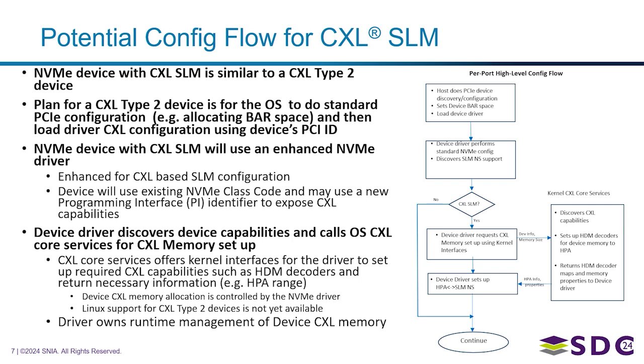What that means is we're not asking you to do a dual function device. You don't have a device that is a CXL function and an NVMe function. You have an NVMe function. Now, how does that work? The device driver discovers the device's capabilities, and once it's discovered them, it calls the OS CXL core services for CXL memory setup. So it hasn't come up as a CXL device, it came up like an NVMe device, and then it calls this special thing that is the OS CXL core services.